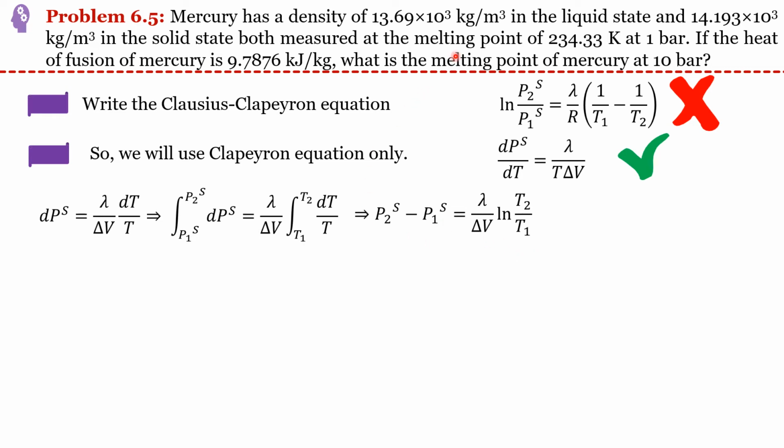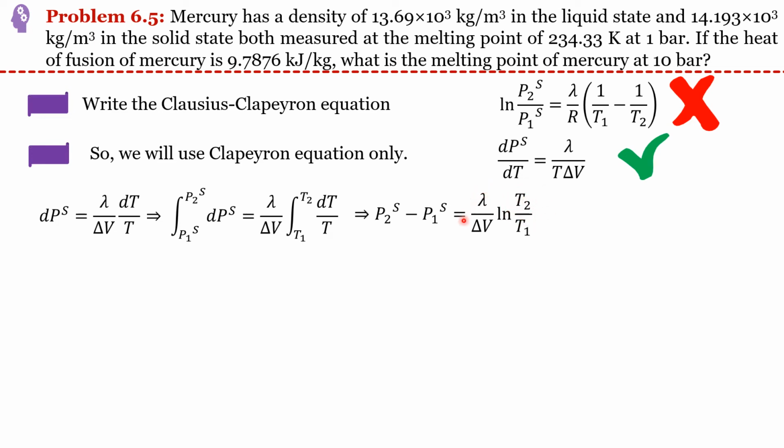Now in the problem, the melting point is given, so one temperature and one pressure are given. We have to find the melting point at another pressure. So P2 is known, 10 bar, P1 is known, 1 bar, and T1 is known, 234.33, and we have to find T2, the melting point of mercury at 10 bar.